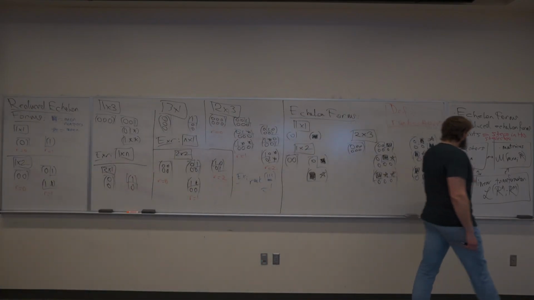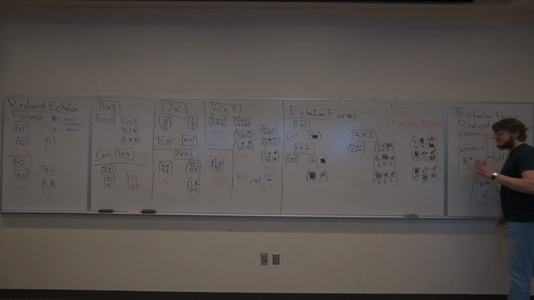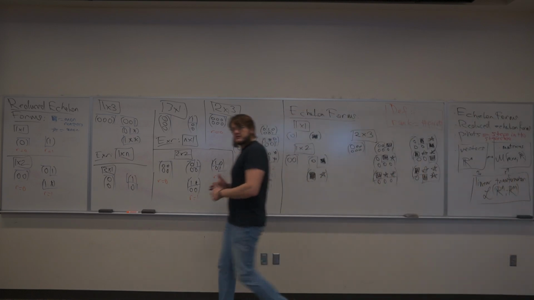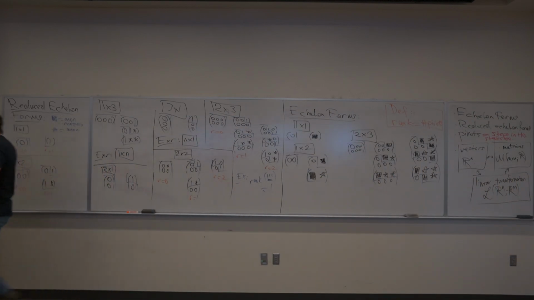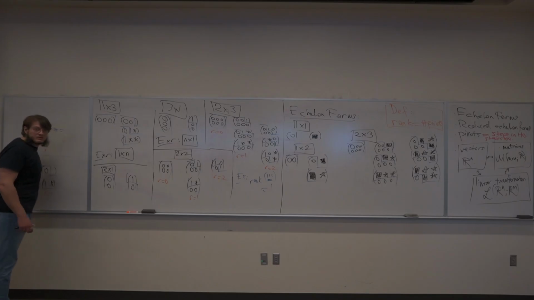Okay. What is a vector? Maybe I should ask you, what is a vector? A line with direction. You can think of it like that. Something with direction and magnitude.